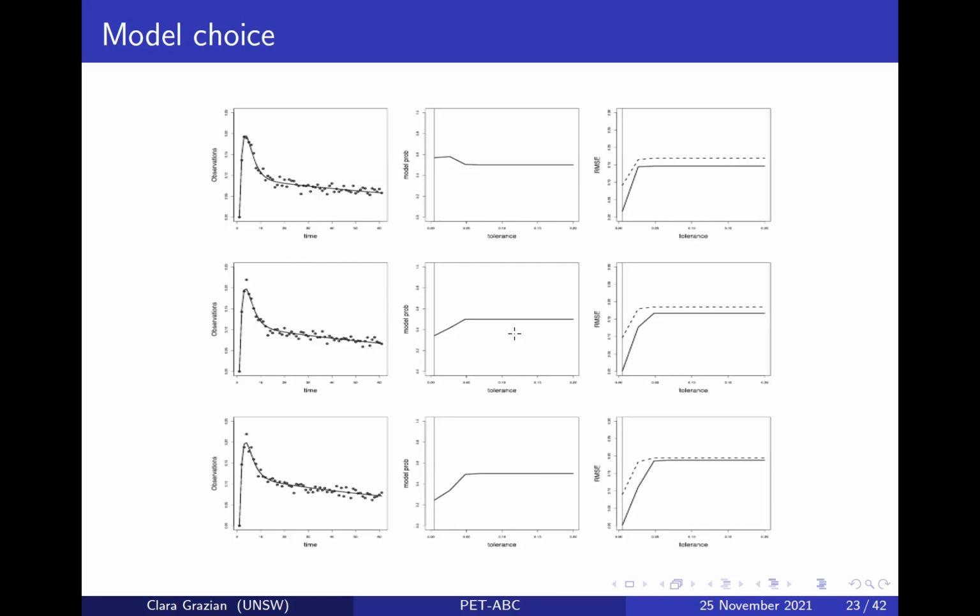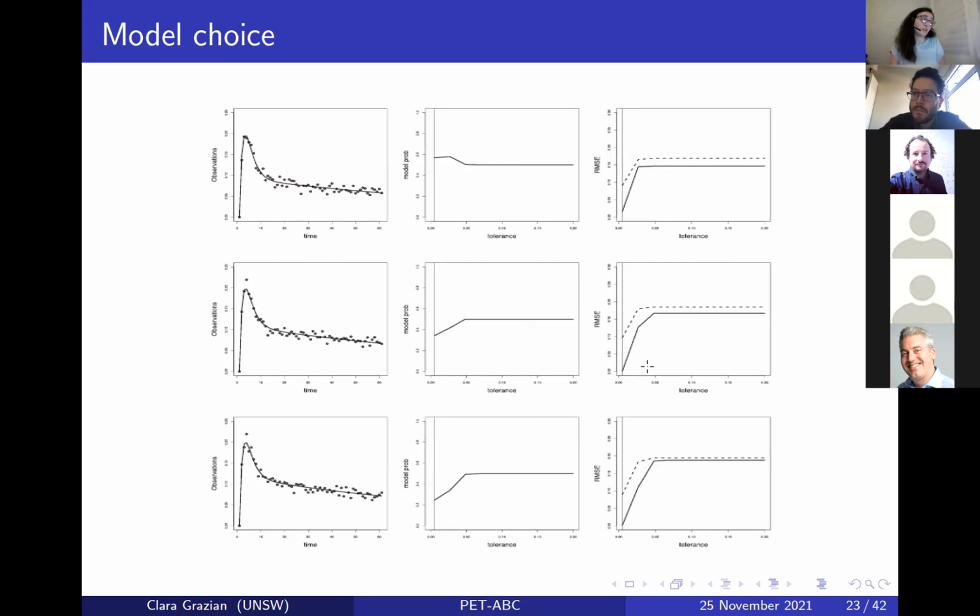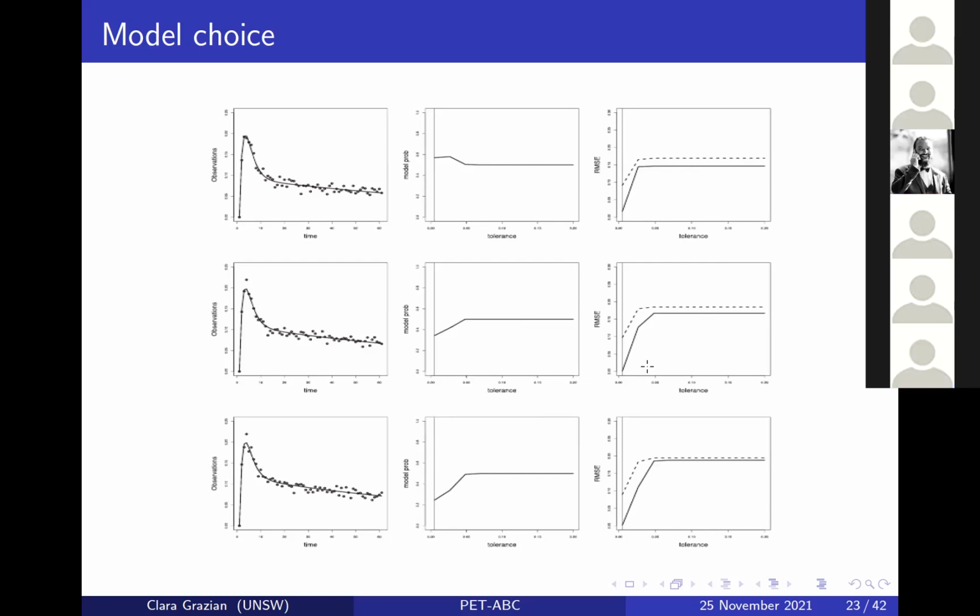The second column represents the model probabilities for the one tissue compartment model for a range of values of the tolerance level. And the last column represents the root mean square error for the parameter estimates, taking the truth as the best possible choice.